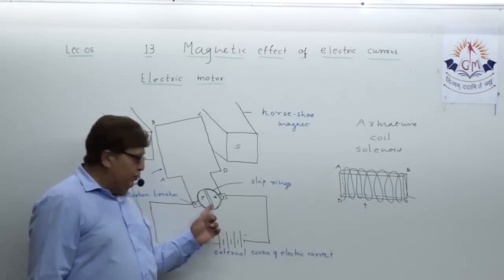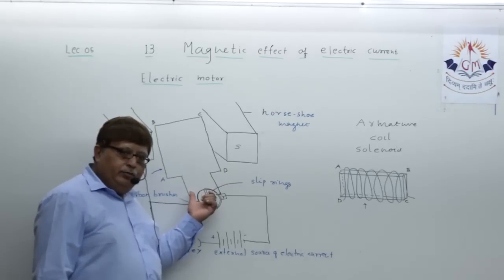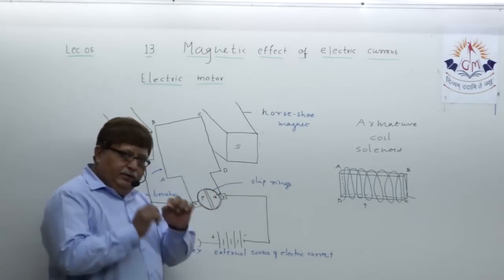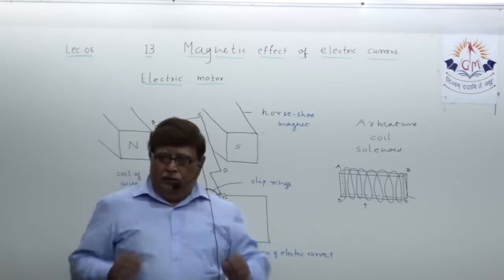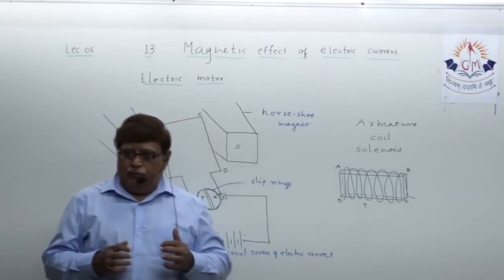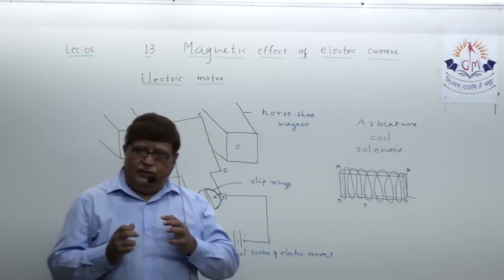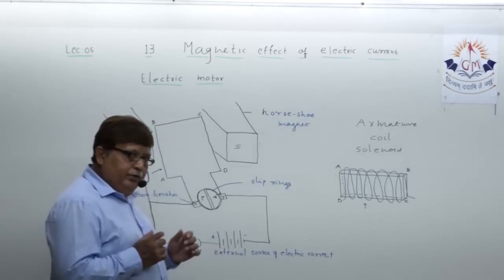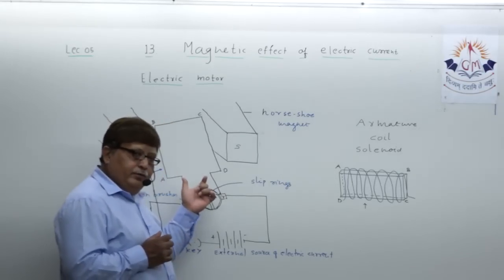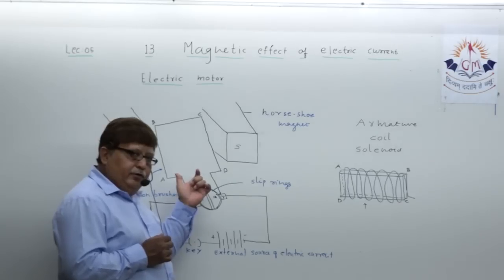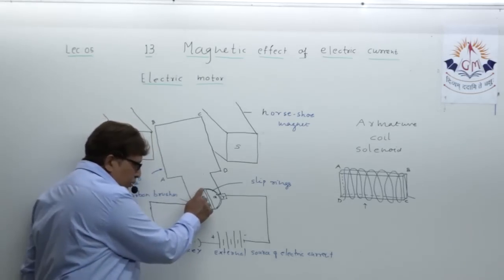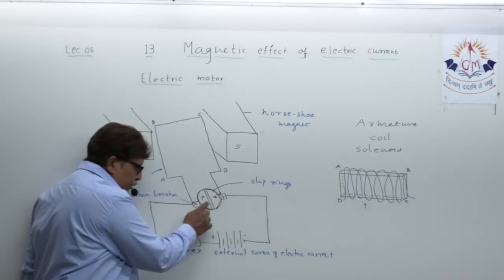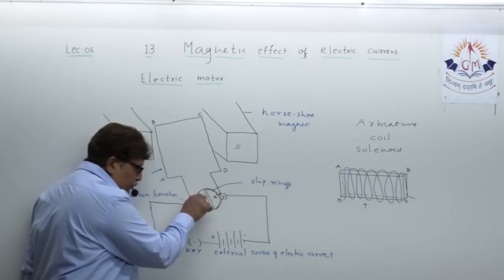What I told you, both the ends of the coil are actually connected with a slip ring. This slip ring is actually one type of commutator arrangement which is going to reverse the direction of electric current during the rotation of the coil. Actually, this slip ring is divided into two halves.